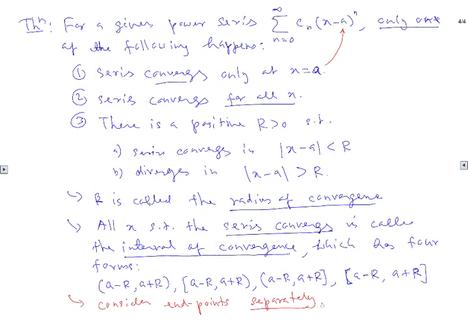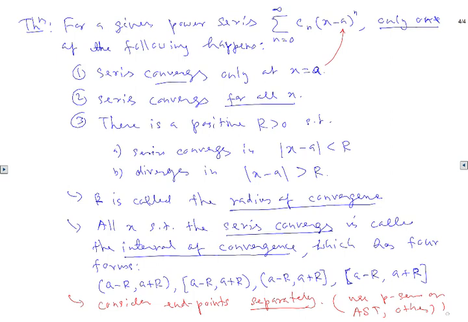Sometimes we can use the p-series or alternating series test for that, or any other test. These are the common ones we use to check the corners.